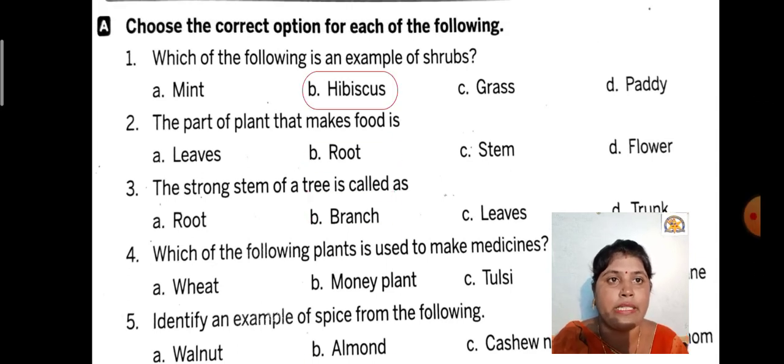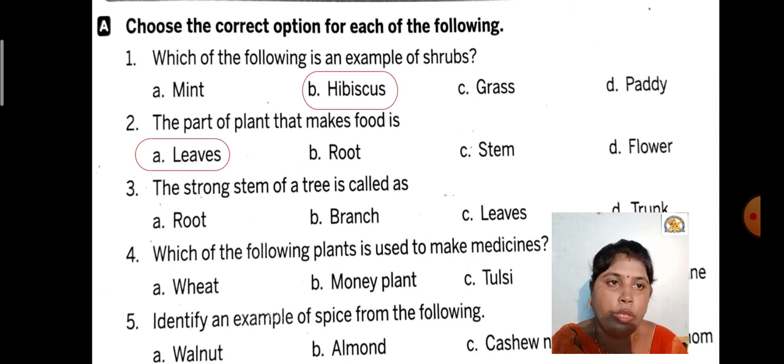Hibiscus is the example of a shrub. Number 2, the part of a plant that makes food is, and your options are A, leaves, B, root, C, stem, D, flower. So which part makes food for the plant? Obviously option A, that is leaves, makes food for the plant.